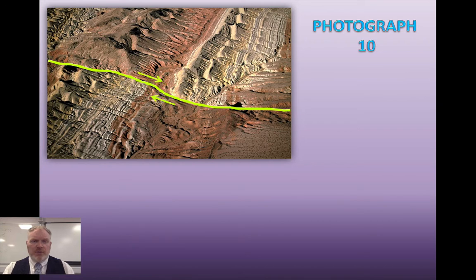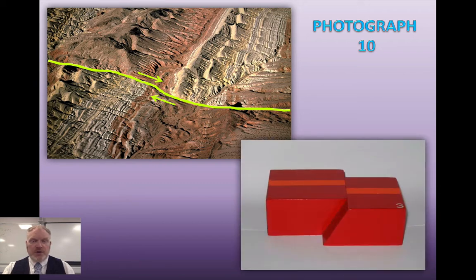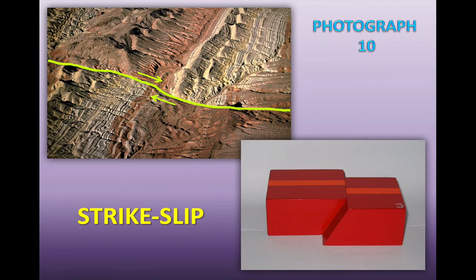So we've got a movement like that, but that movement is horizontal. So we know it's a strike-slip fault. It's actually a right lateral or a dextral strike-slip fault, because the right-hand side has moved closest to us. And this is the product of shear stress that we see along the San Andreas Fault.